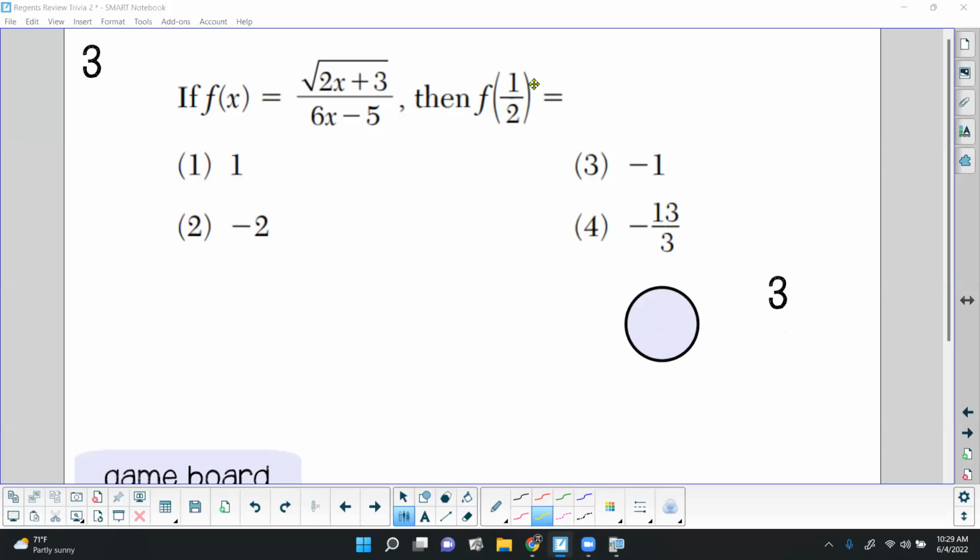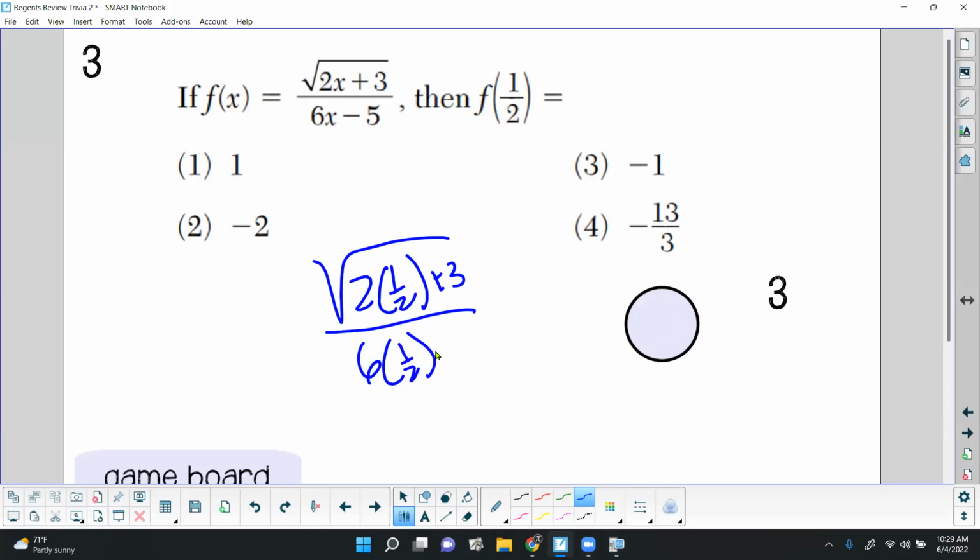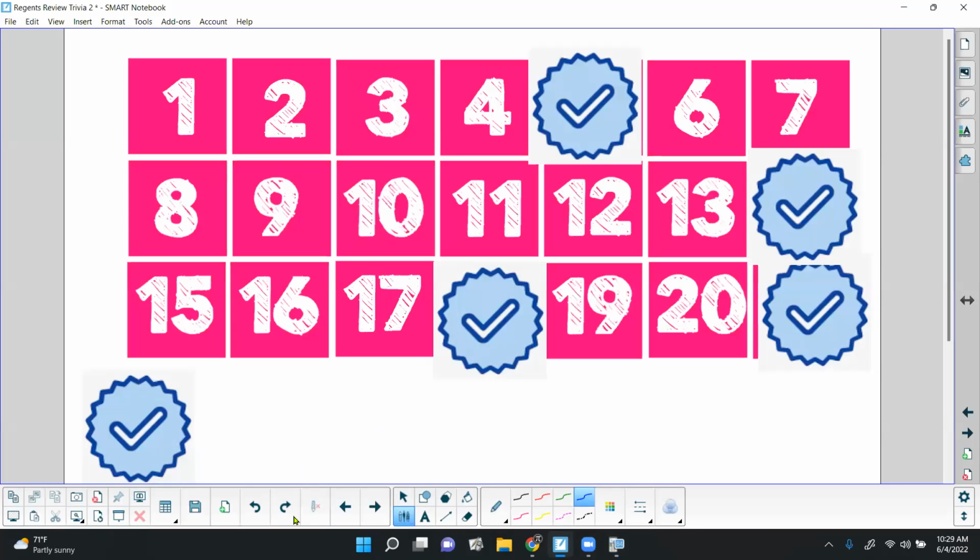Yes, all of you who chatted me a 3. Whoop, whoop. Maybe some of you did it in your head, which is fine. If you had to show work, this is all you would have had to show on your paper, and you could have done the rest in the calculator. All right, thanks for picking number 3.